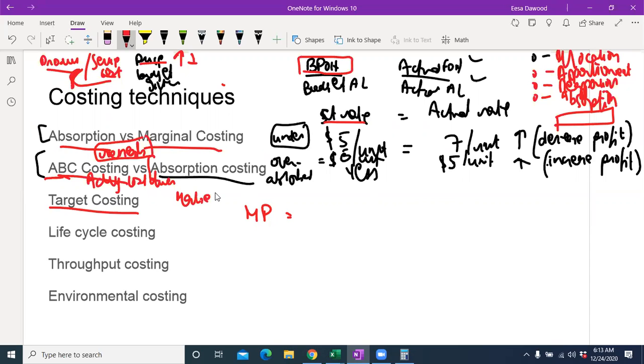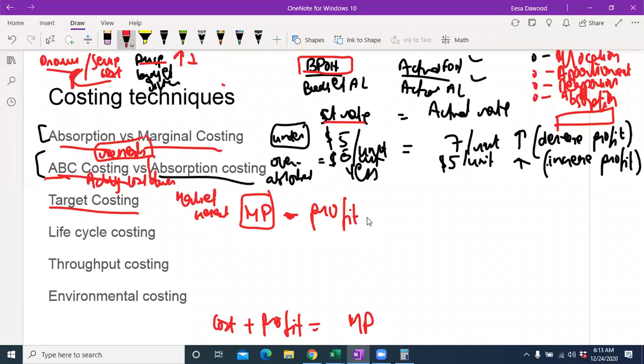prior from the start. So instead of calculating your own cost and then adding a profit and setting a selling price, it is an opposite method in which you start from the market price and you deduct what you want to earn, your profit margin or markup, and then you come to a target cost.